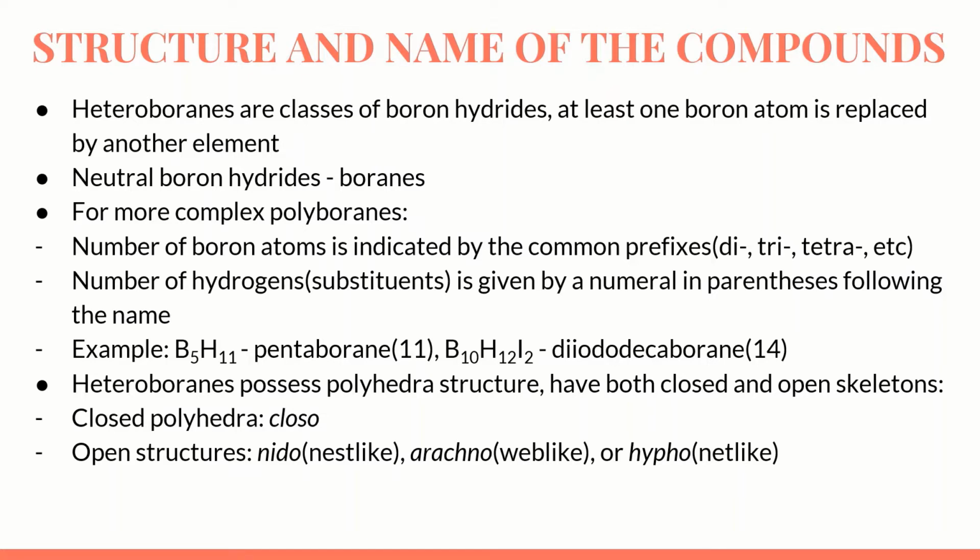Heteroboranes possess polyhedral structures, which have both closed and open skeletons. Closed polyhedra having only triangular faces are termed Closo, and open structures are designated as Nido, Arachno, and Hypho.